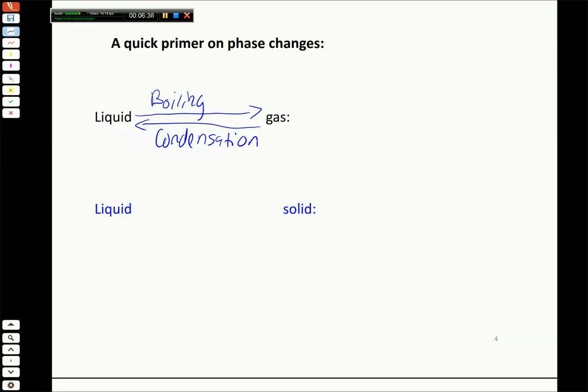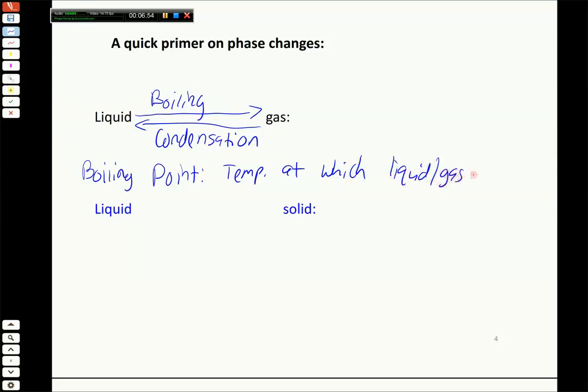We're going to get a more precise definition for these phase change temperatures later, but for now we should be familiar with the idea that the boiling point is the temperature at which the liquid and the gas interconvert. We all know that this is true for water.